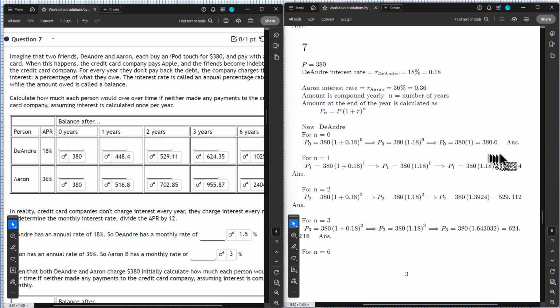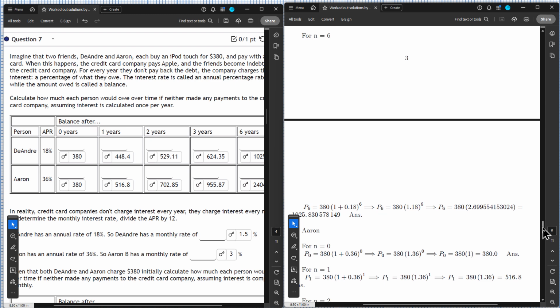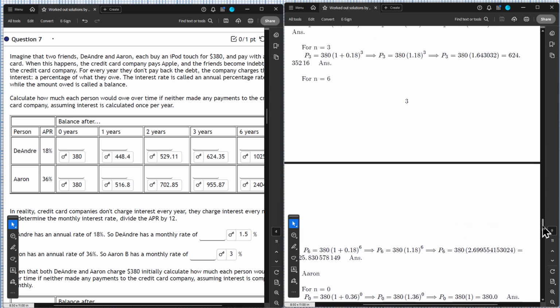They find that it's $380 for year 0, and then for year 1 it's $448, for year 2 it's $529, and for year 3 it's $624. For year 6, it's $1025.